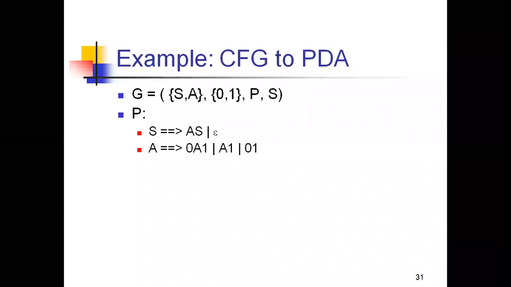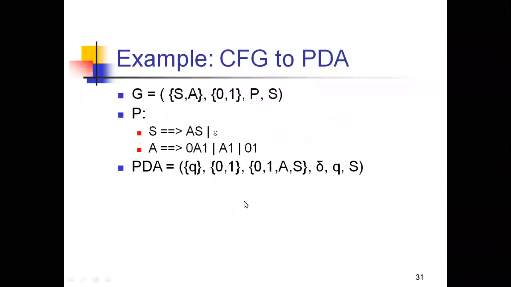Now I'm showing you an example for this concept. See here, my grammar is given as the productions S tends to AS or epsilon, A tends to 0A1 or A1 or 01. This is the given input, and the solution is that I need to convert it into a PDA, right?